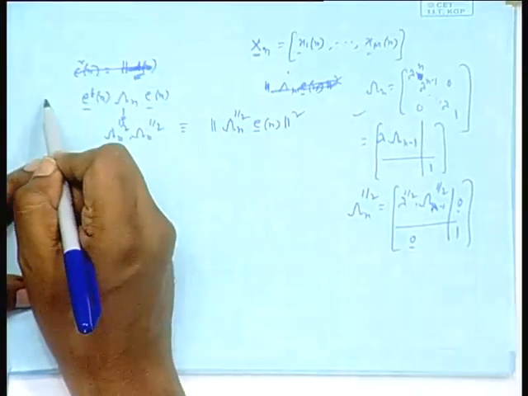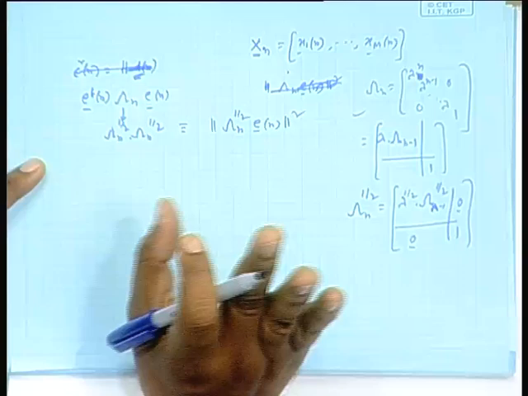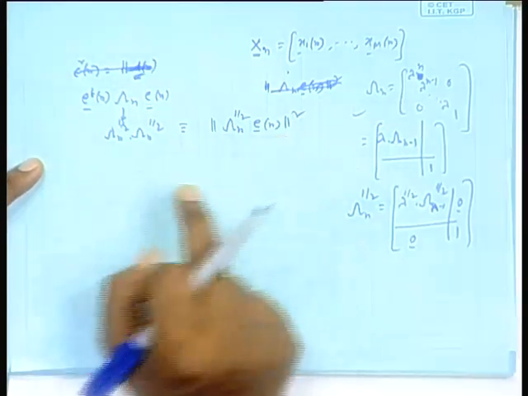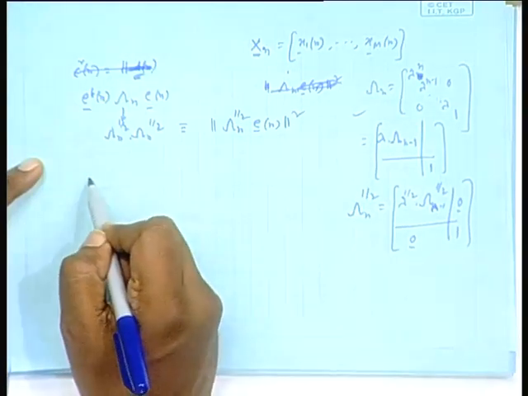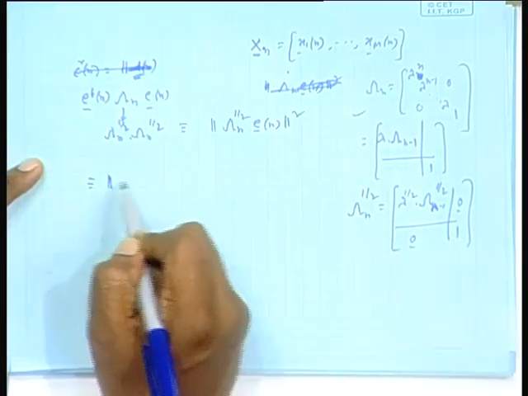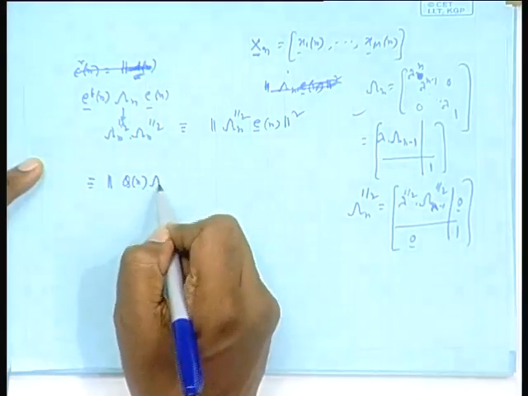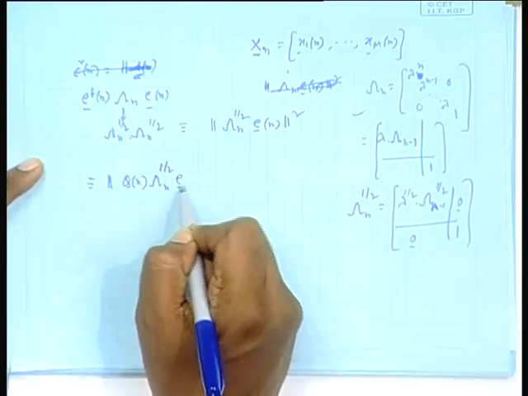And this quantity, we know that this norm square is the usual norm square. So that norm square will remain intact even if you pre-multiply by a unitary matrix. So this will be the same as some q n times the same thing. Q n is any unitary matrix, but we will choose it appropriately.